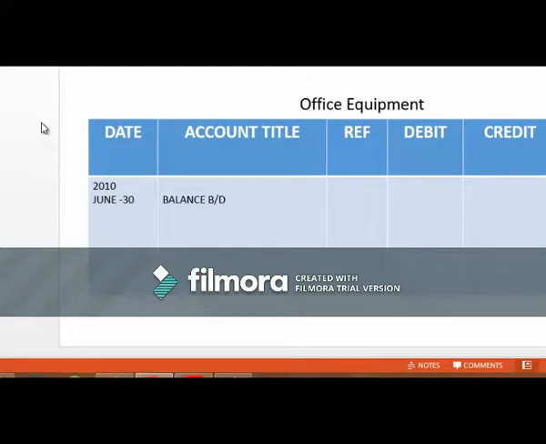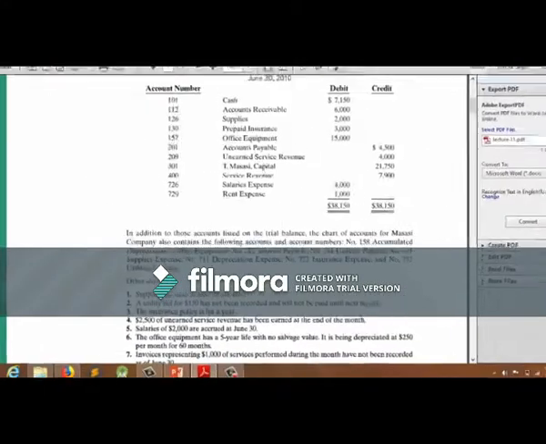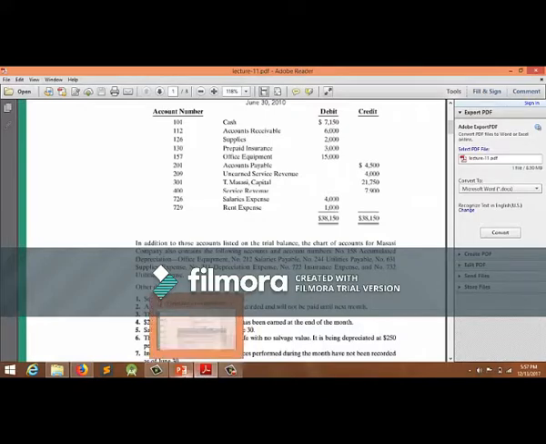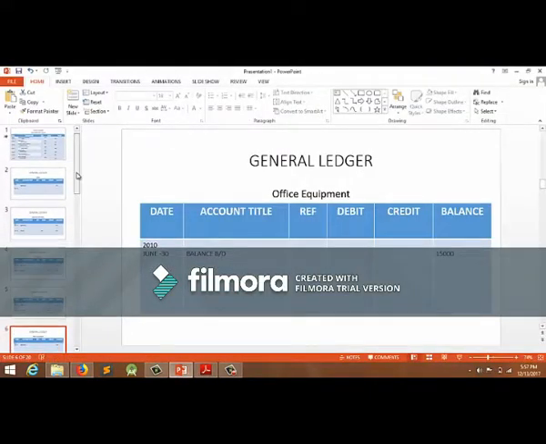In the same process we will continue with office equipment and all the other accounts from the unadjusted part and the adjusted part also. We have to cover all accounts for the ledger. So let's see here.